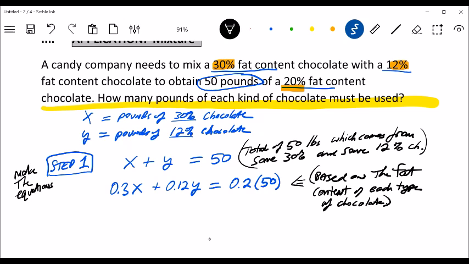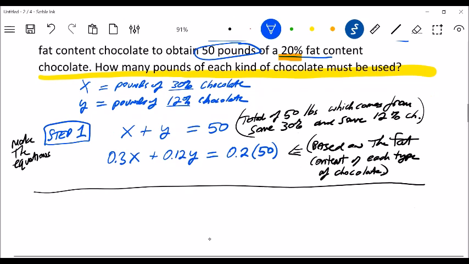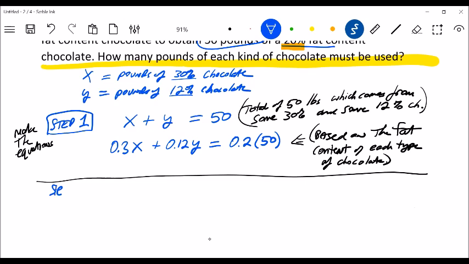Now we have our two equations. Okay, let's do something with them. Step two is to solve the system. And the system is two equations, and that's to find the intersection point.